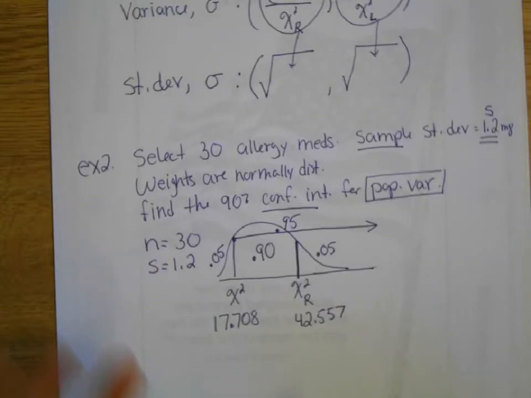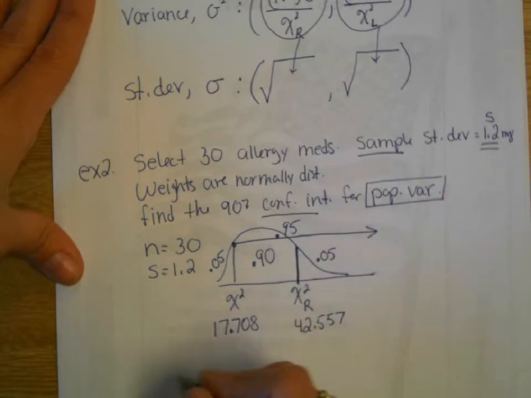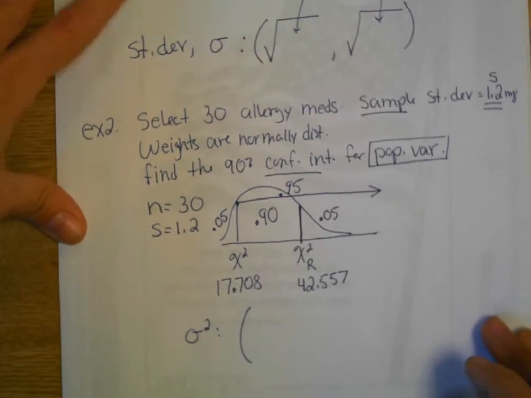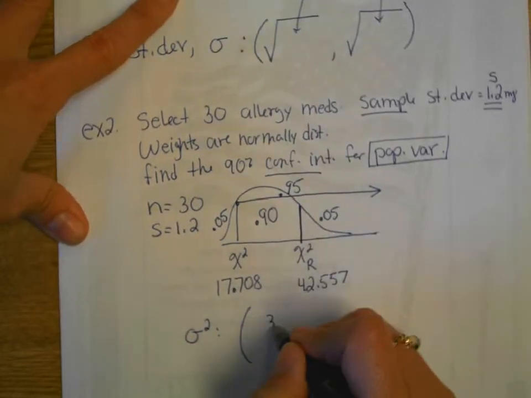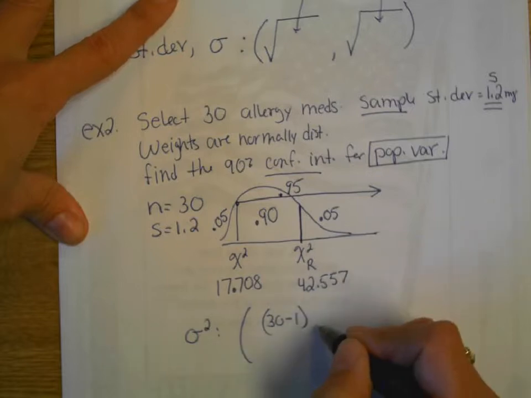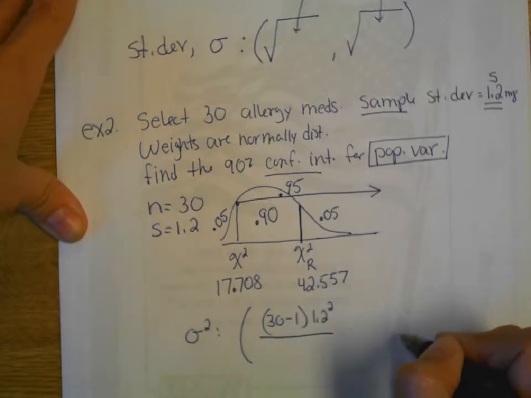So, using my formula at the top, because I want for variance, that's the sigma squared one. So, look at your formula. I need n, which was 30 minus 1, times the s, which was 1.2 squared, divide by chi-squared right.